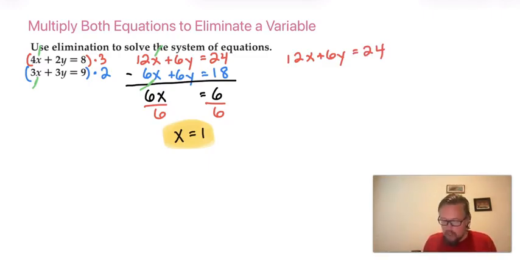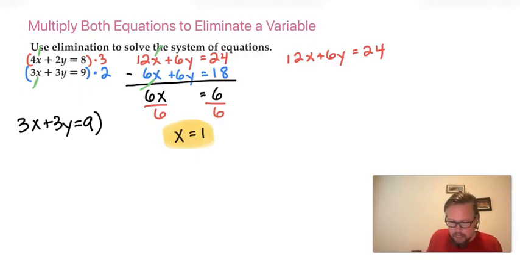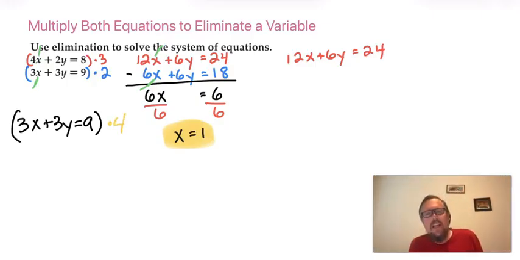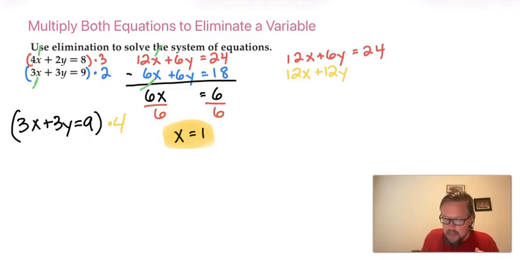So I want you to follow along with me on the second equation, that 3x plus 3y equals 9. We're going to multiply everything in this equation by 4 so that the x's have the same coefficient. So 3x times 4 is 12x, 3y times 4 is 12y, and 9 times 4 is 36.